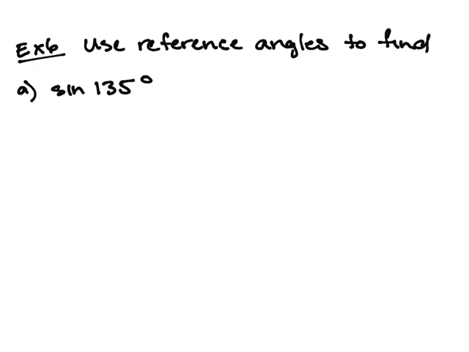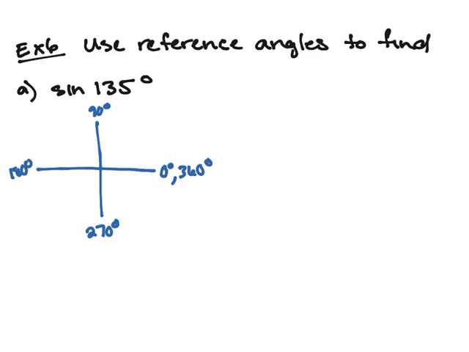All right, so use reference angles to find sine of 135 degrees. All right, so we have 90 degrees, 180 degrees, 270 degrees, that's 0 or 360. 135 is in between 90 and 180.